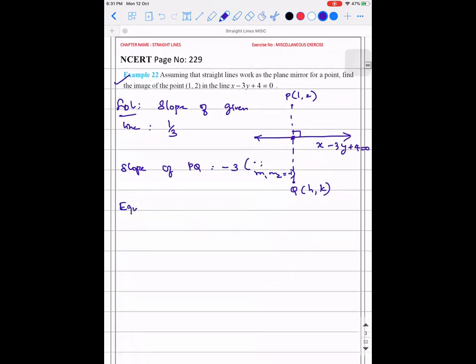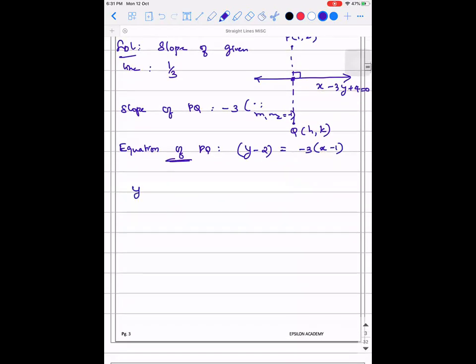So what is the equation of PQ? Y minus y1 is equal to m into (x minus x1). So y minus 2 is equal to minus 3 into (x minus 1), which implies 3x plus y is equal to 5.